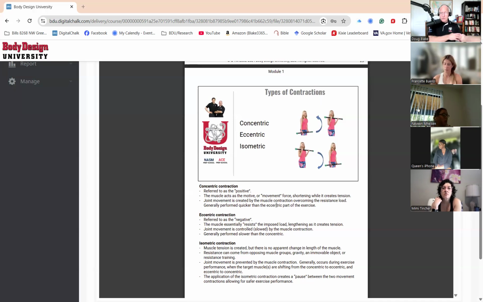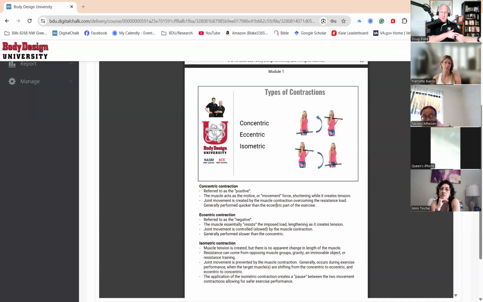So the movement of the joint is created as the muscle in its process of shortening overcomes the resistance that's being imposed on it. Now, if you're not working out and you're just lifting things, then what is the load on the bicep on the concentric contraction? Well, it's simply the weight of the forearm and the hand and whatever you're holding. So that's the load that's imposed, and the bicep in the concentric contraction is overcoming that and actually shortening. You all got that?